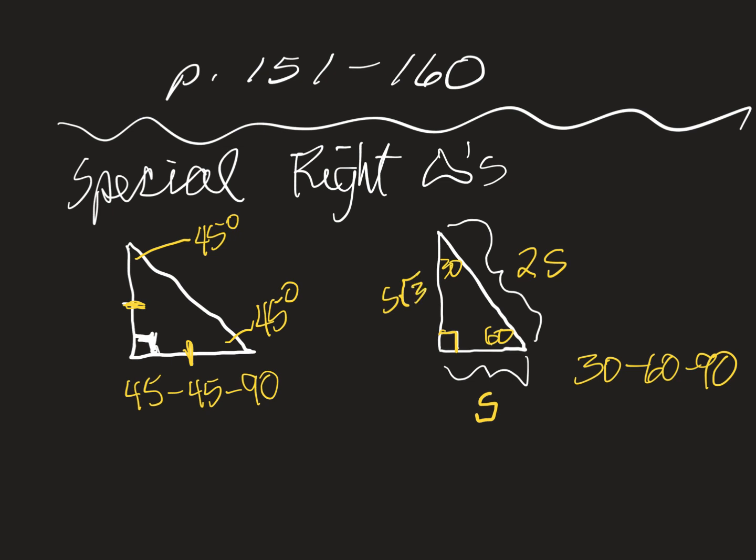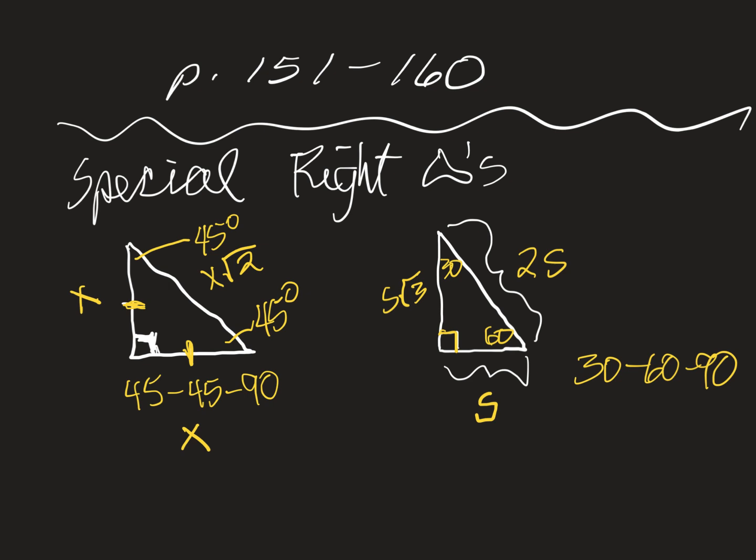In the same way, in the 45-45-90, if I were to say a side was X, then the other leg would be X, and the hypotenuse would be X times the square root of 2. And now these created ratios in the sides, and we would need to remember that.